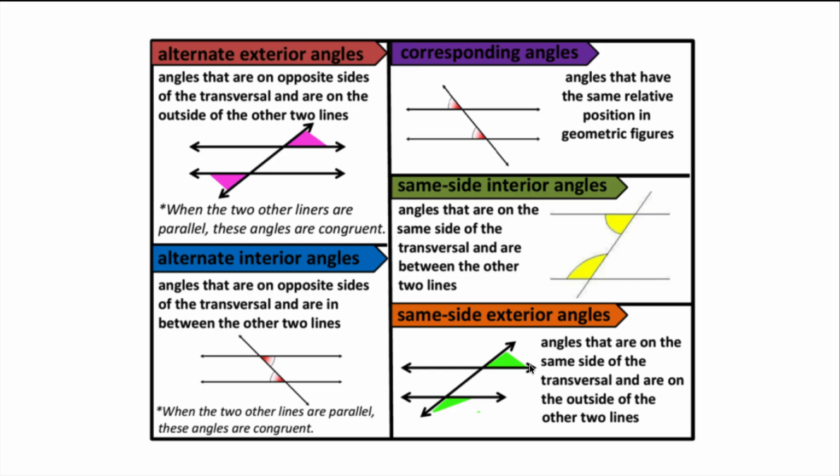So guess what they add to? They're supplementary as well. Okay, so this transversal line helps us know the degree of angles in parallel lines. It helps us to also just see the relationships of how this creates symmetry.